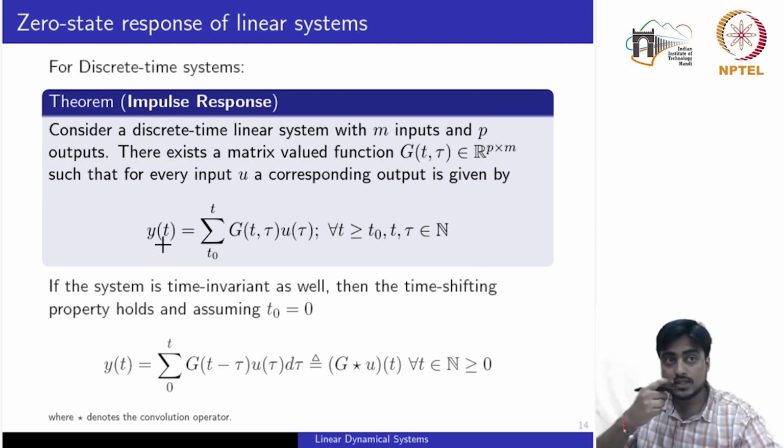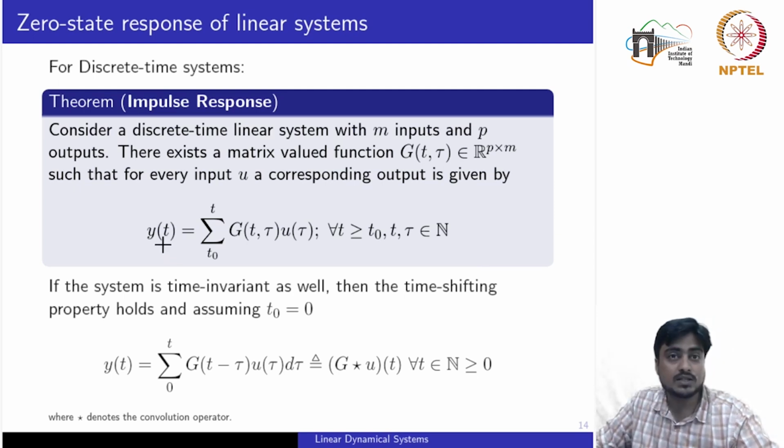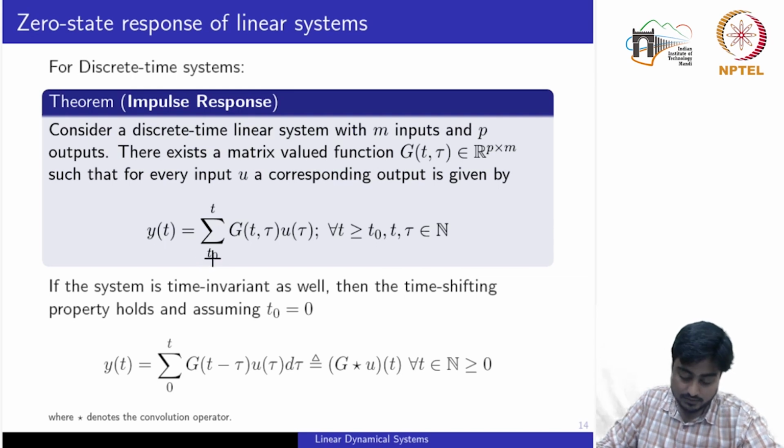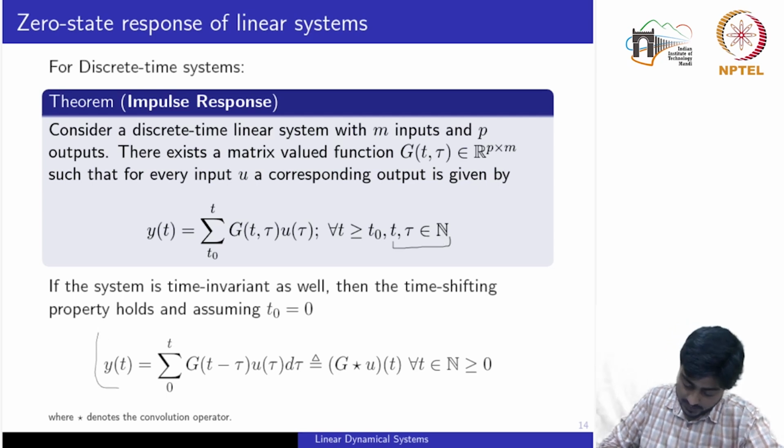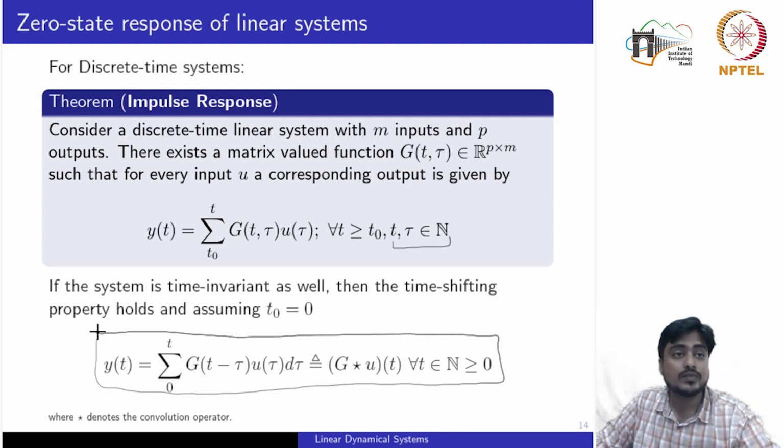Since we are dealing with the discrete time system, we have a summation from t0 to capital T, and both t and tau are integers. If the system is time invariant as well, then the time shifting property holds, as we had seen in the earlier slide, and assuming t0 is equal to 0, this is the response of the system when we assume the state is equal to 0.